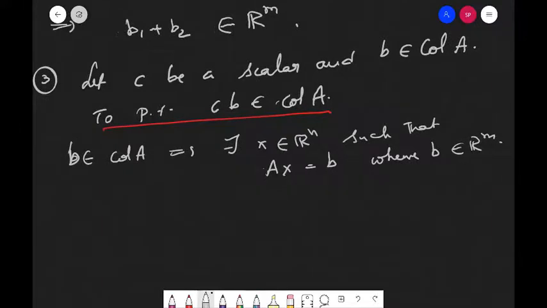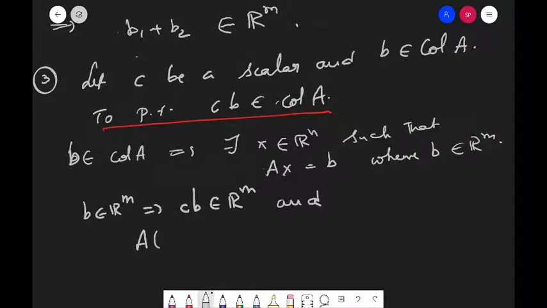Right. Now b belongs to Rm implies c into b also belongs to Rm, and A into x is equal to, we want cb, so A into cx is equal to c into Ax, which is equal to c into b.